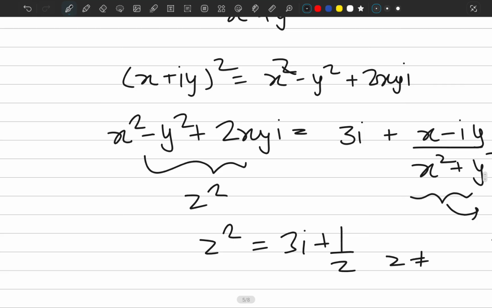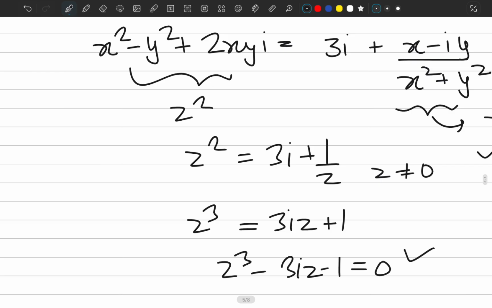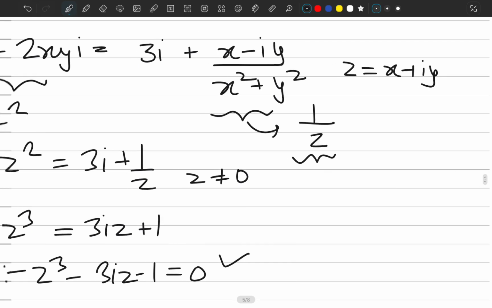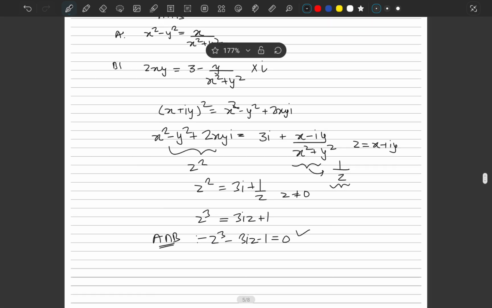So take z not equal to 0. We can say that 3iz equals z cube plus 1, z cube minus 3iz for A union B. Solutions contain this. Okay, z equals 0 does not satisfy this equation, so we have no problem here.